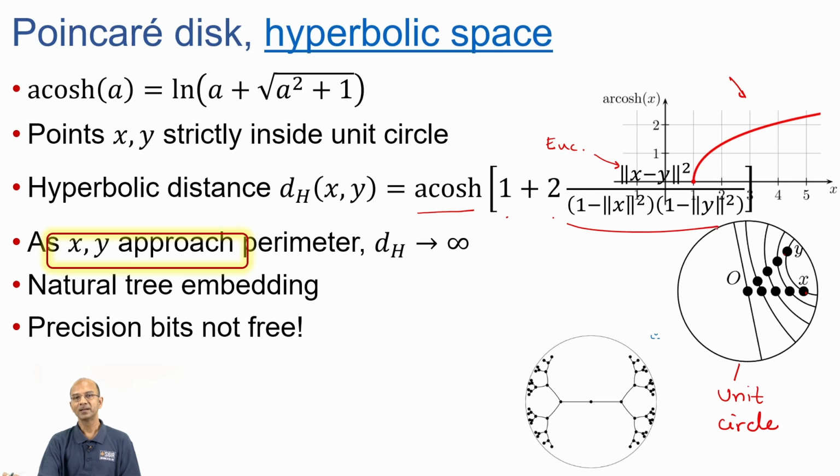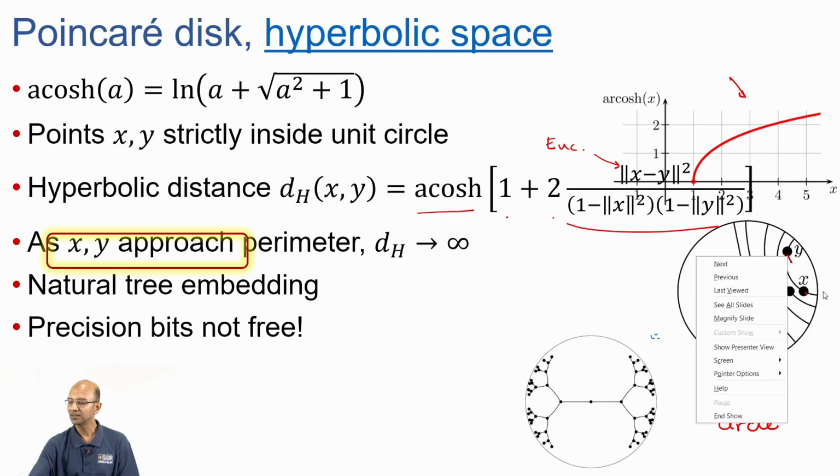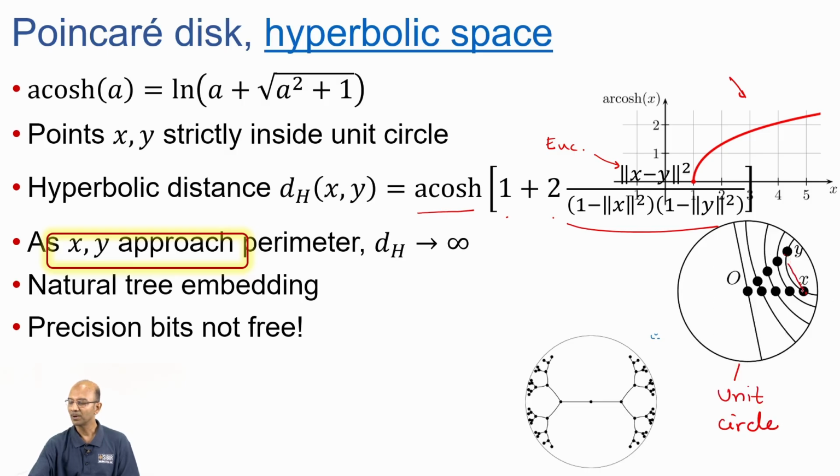Okay. It can be shown that basically we measure the distance between x and y not as this straight line, but along the geodesic following this hyperbola. So, as x and y approach the perimeter of the unit circle, the norm of x tends to 1 or the norm of y tends to 1. Therefore, these terms go to 0 and the hyperbolic distance goes to infinity.